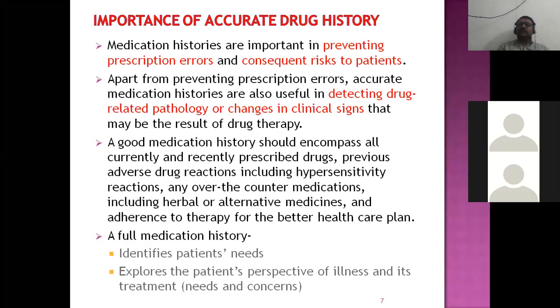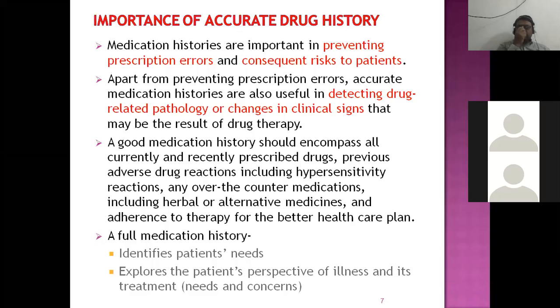Herbal as well as alternative medicines like homeopathic and Unani medicines should also be counted during the medication history, along with adherence to therapy, for a better healthcare plan. We have to give the better healthcare plan for the particular patients.